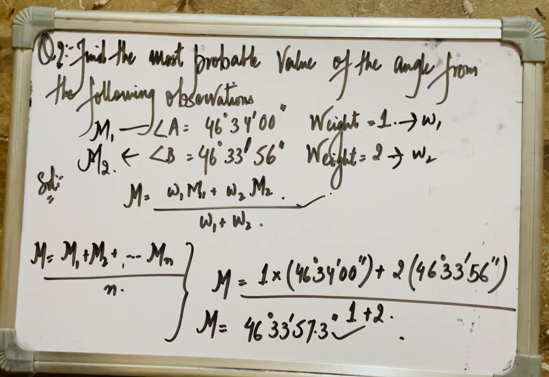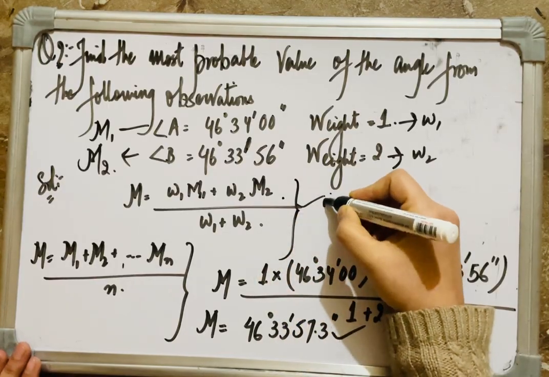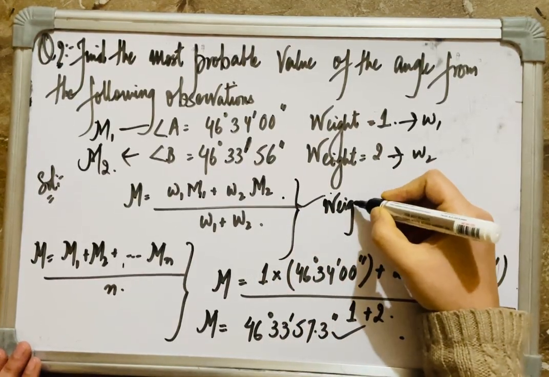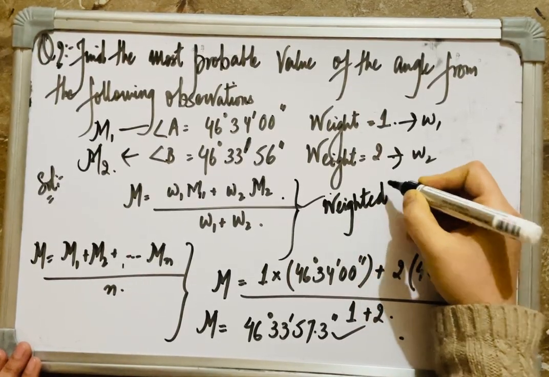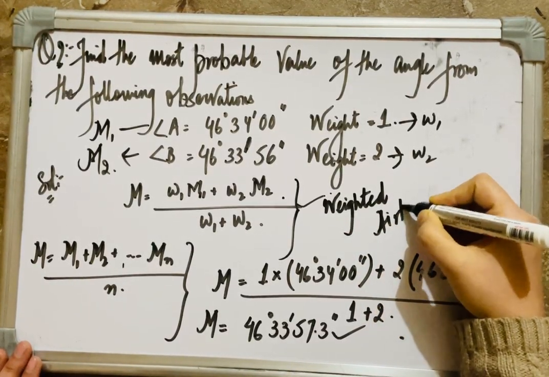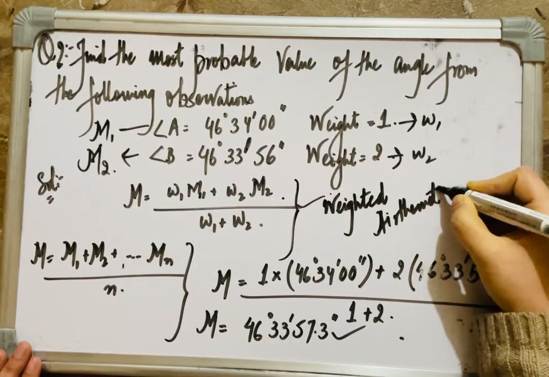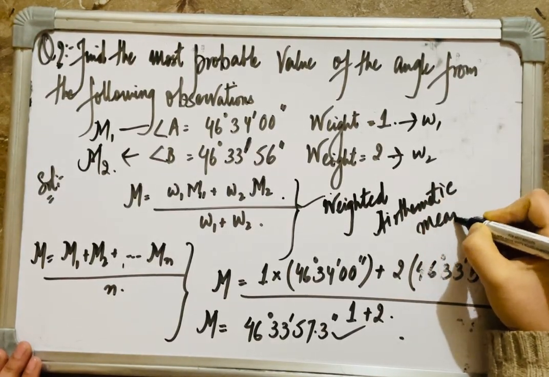And here we can find the most probable value of the observed quantity is equal to the weighted arithmetic mean of the observed values. This is known as the weighted arithmetic mean.